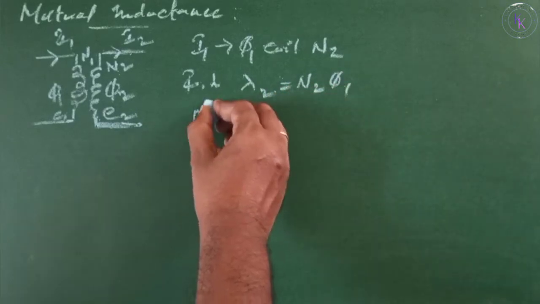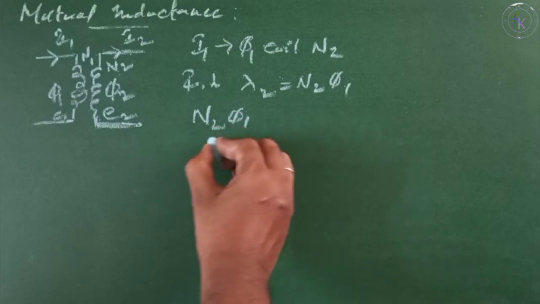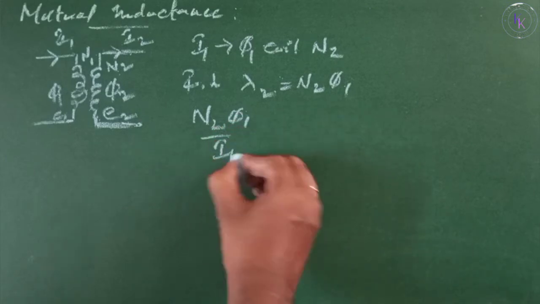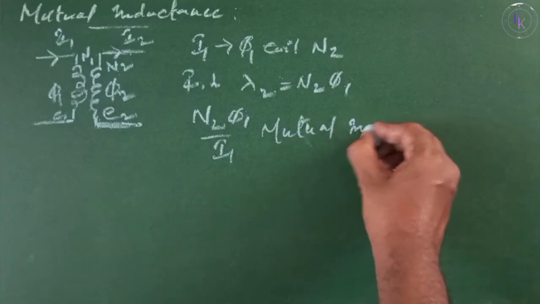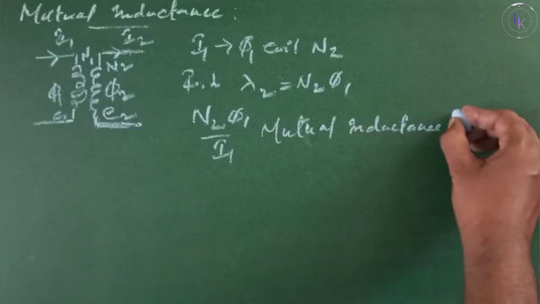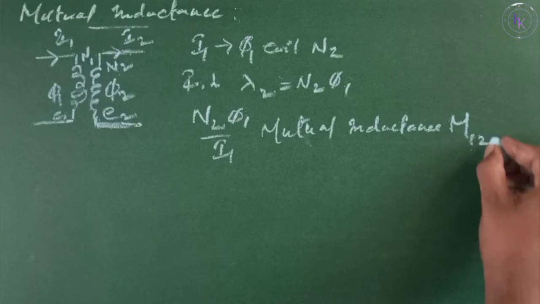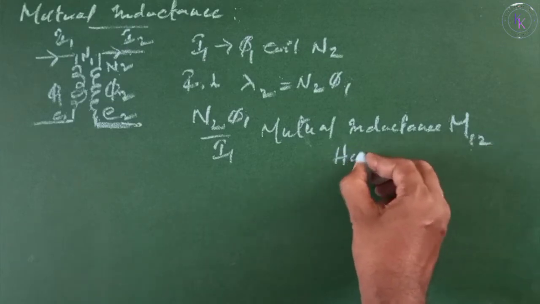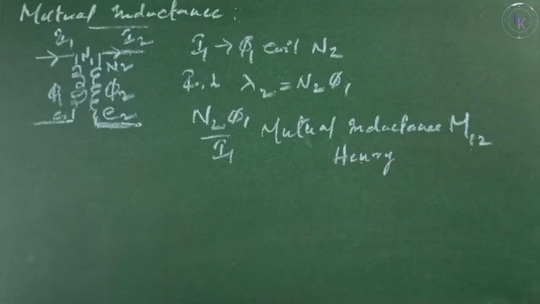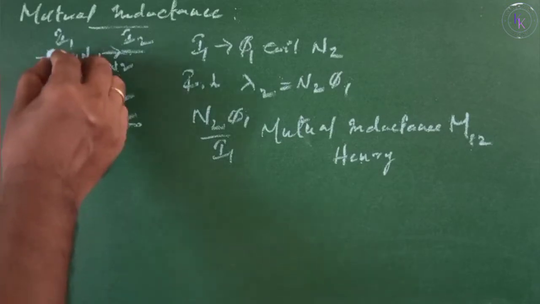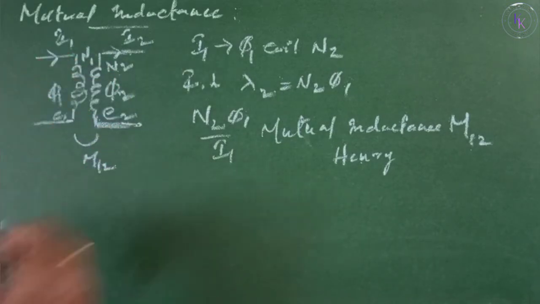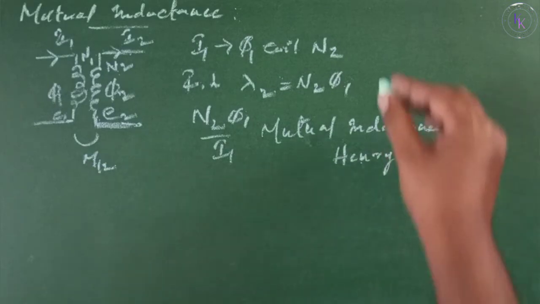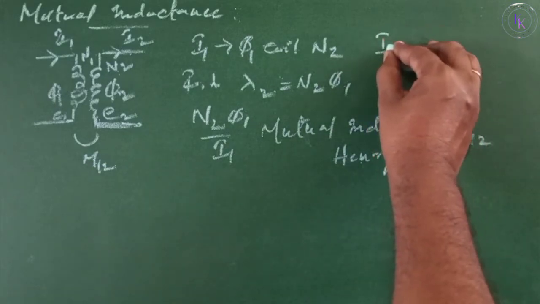The term N2 phi1 by I1, caused by the current I1, is known as mutual inductance, that is M12. It's measured in Henry. So M12 is caused due to I1 in coil 2.